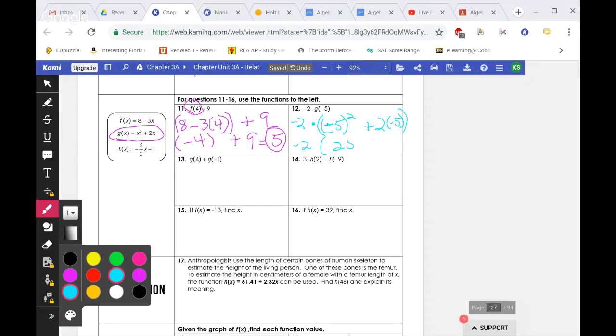Negative 5 squared is 25, and 2 times negative 5 is negative 10. So I've got negative 2 times 25 minus 10, which is 15. And negative 2 times 15 is negative 30. So the answer to number 12 is negative 30.